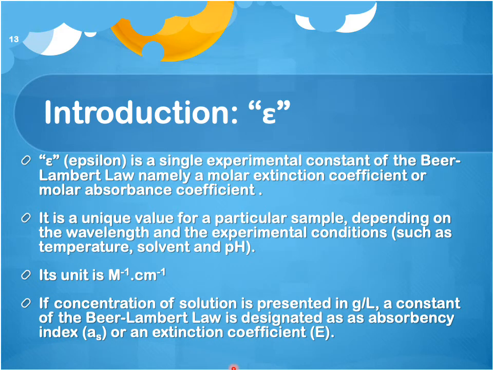Please note that if the concentration of the solution is presented in gram per liter or milligram per milliliter, we cannot use the molar extinction coefficient anymore. In contrast, the constant of the Beer-Lambert law in this case is the absorbency index or extinction coefficient, or capital E.